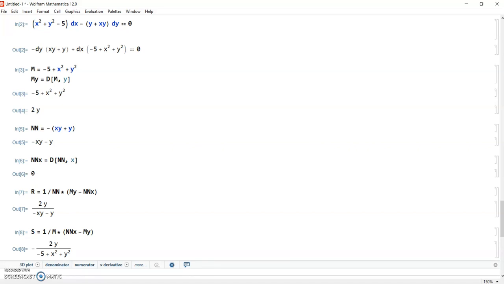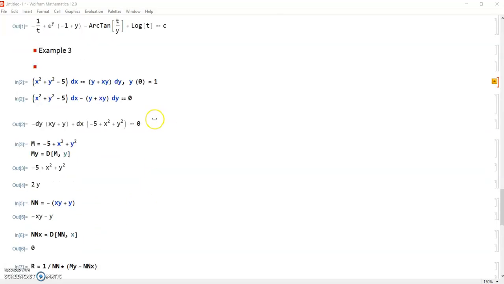So therefore, maybe we can use the function R. It seems that I have made some mistake, and the mistake is right at the very beginning. When I wrote this equation, I did not put a gap between x and y. So therefore, Mathematica is considering xy as one variable. There should be a gap, so that Mathematica considers it as x times y. Okay, so I need to correct this mistake.